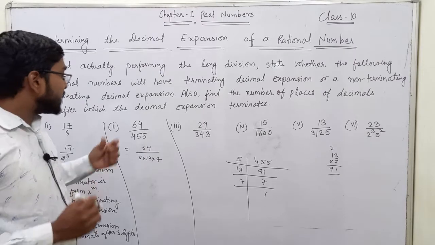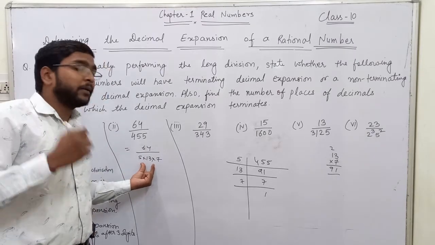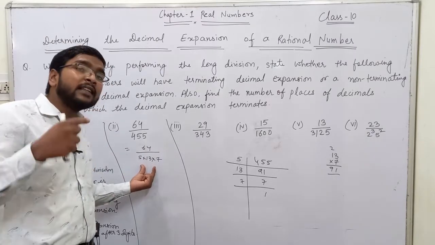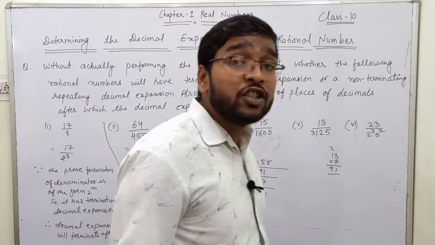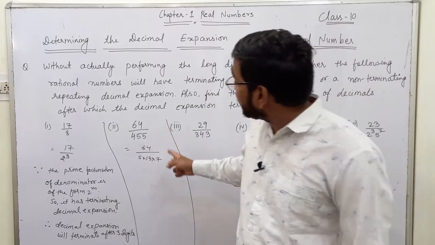Now, since the prime factorization of the denominator contains powers of 13 and 7 other than the power of 5, hence the decimal expansion of this number will not terminate.